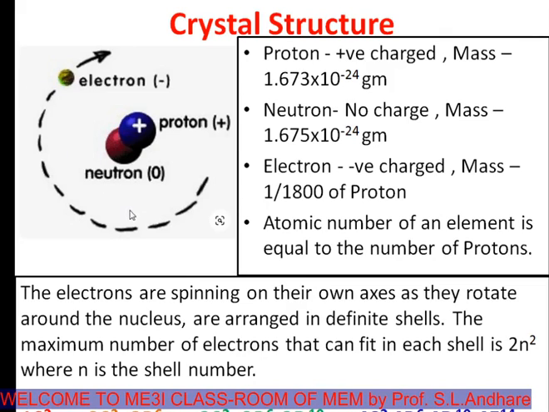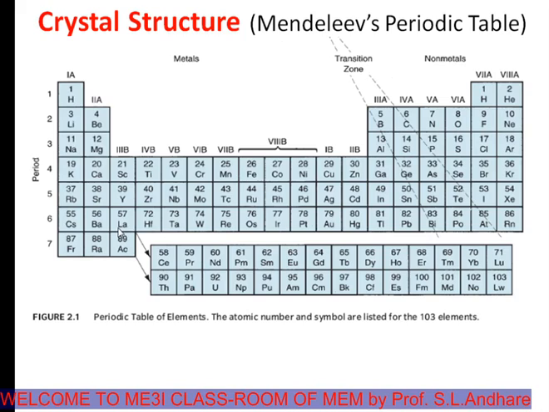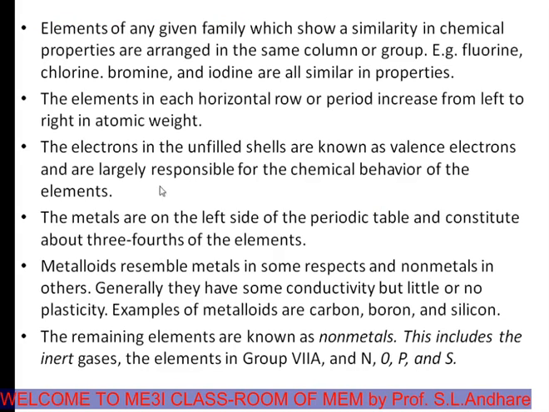Now, what is this electronic configuration? That also we are going to learn. To recall, you have to recall this periodic table. All these elements are arranged in increasing atomic number order: hydrogen, helium, lithium, beryllium, boron, carbon, nitrogen, oxygen, fluorine, neon. See why they are arranged in this fashion. Let us try to learn about this.